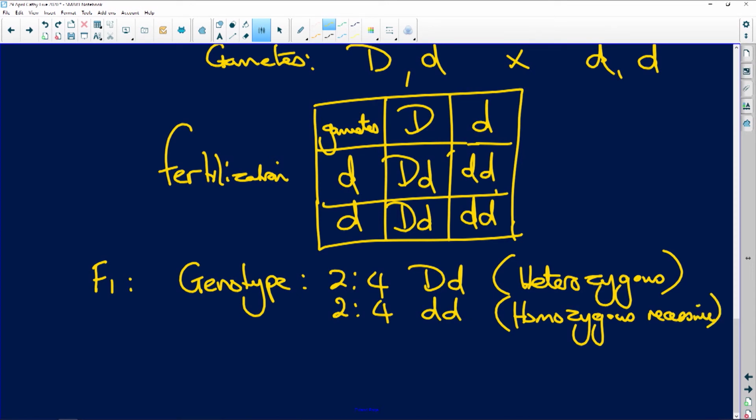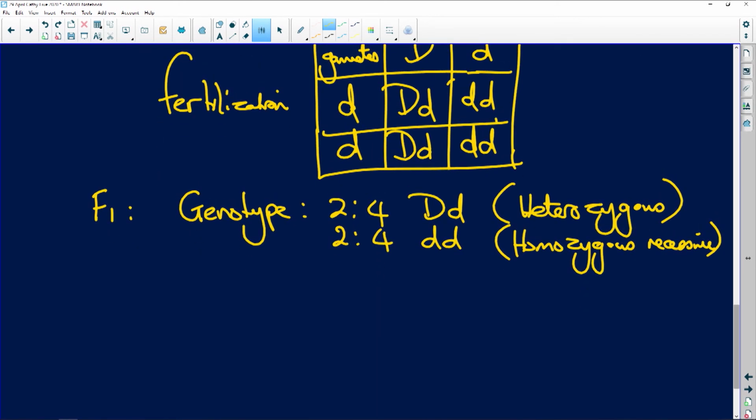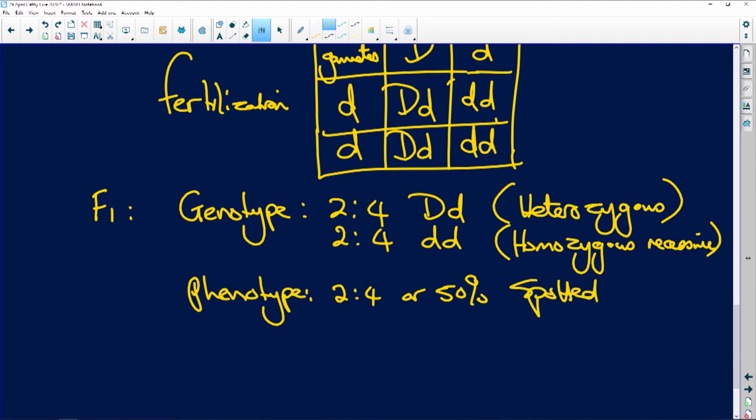Now our phenotype, what are we going to see? We are going to see 2 in 4, or 50%, spotted, and 2 out of 4, or 50%, with no spots. And there you go. Voila, as they say in the classics.